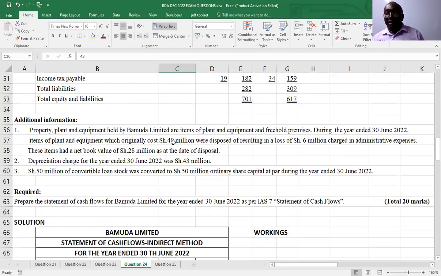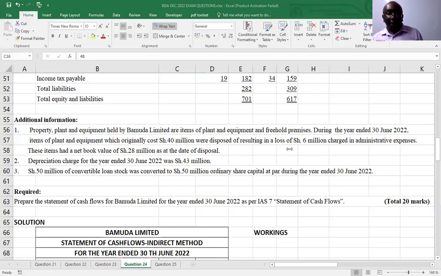During the year ended, items of plant and equipment which originally cost 40 million were disposed of, resulting in a loss of 6 million charged in the administrative expenses. Okay, yes, I will repeat that. These administrative expenses include the 6 million, which is a loss.